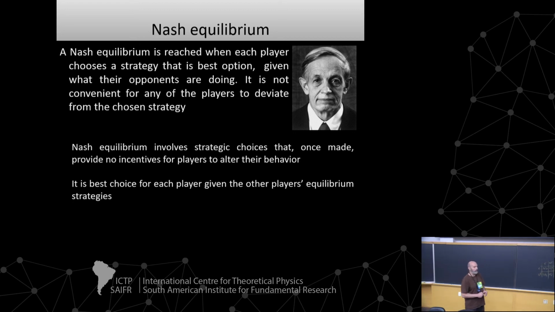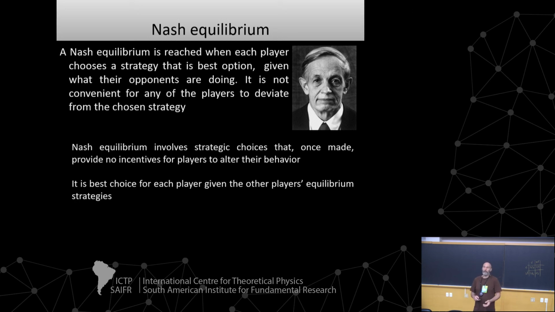So a Nash equilibrium is reached when each player chooses a strategy that is the best option, given what the opponents are doing. It is not convenient for any of the players to deviate from the chosen strategy. That means that if each of us is playing the Nash equilibrium, there is nothing interesting in trying to change the strategy, because if I change my strategy, I will be doing worse than if I remain with the given strategy.